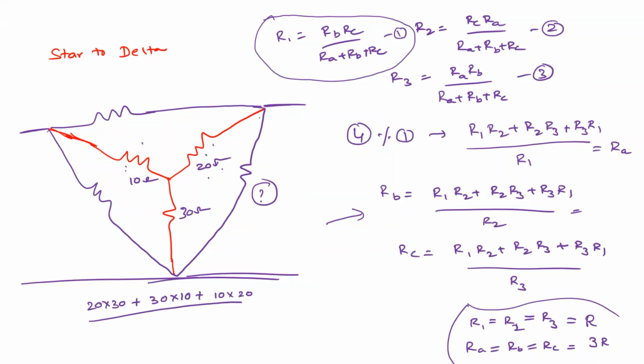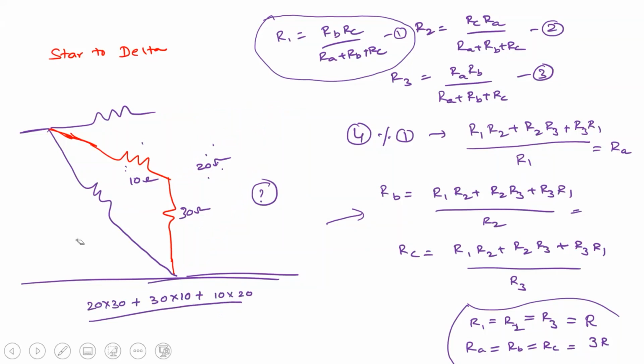See here, I already told you, this resistance is connected, the 20 is connected, the 30 ohm is connected, and the one which is not connected is the 10 ohm. So 30 divided by 10.